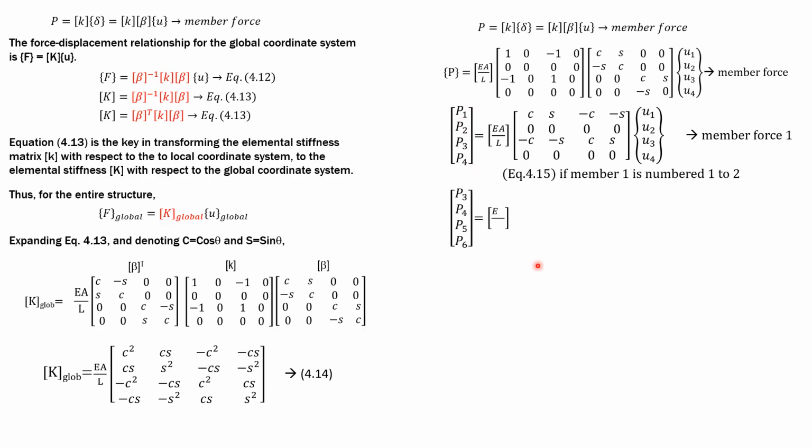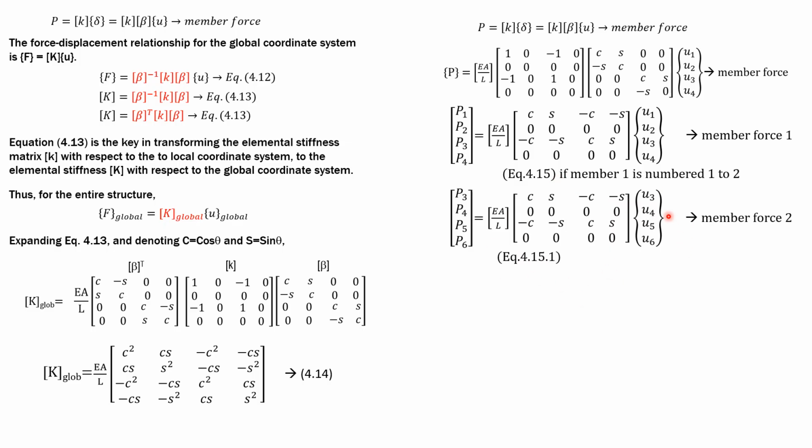Likewise, if we have member 2, which is numbered 2 to 3, then this is the same. And you have U1, U2, U3, U4, U5, U6 here. And that's the member force for member 2, as long as member 2 is numbered 2 to 3. So if you double that, that's 4 and 6. That's why you also have 4 and 6 here.